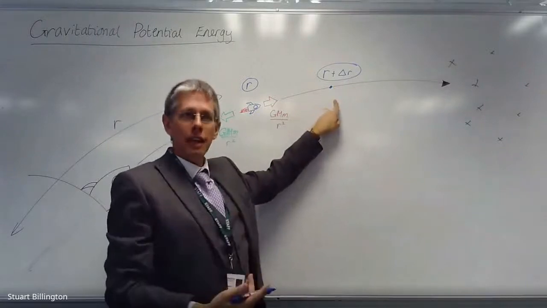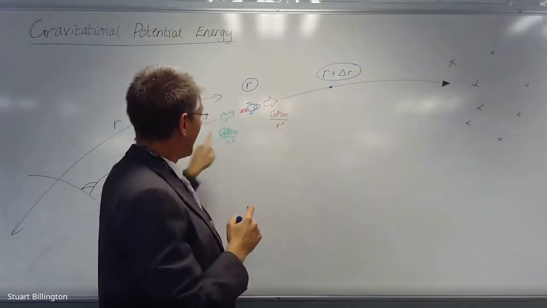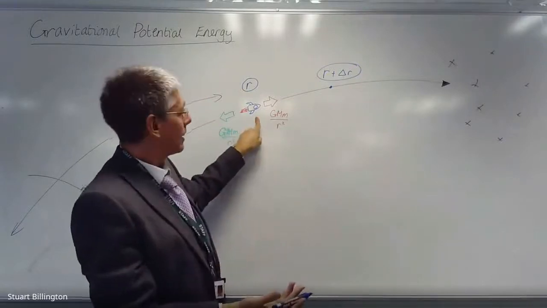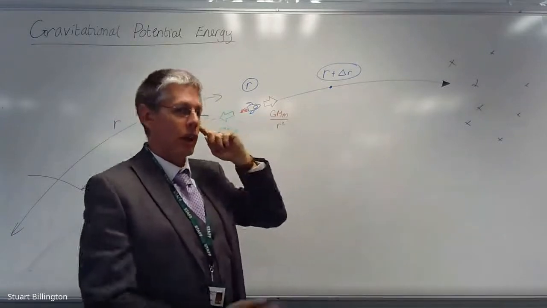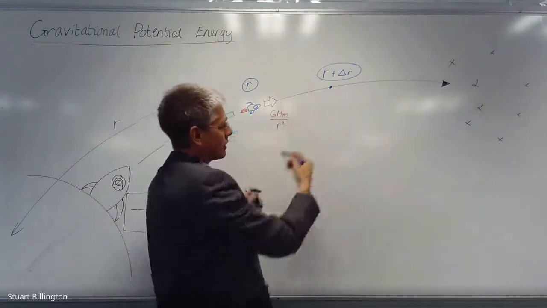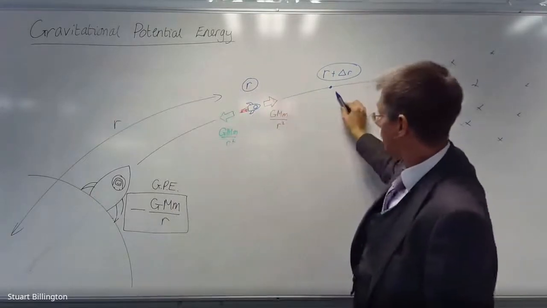Maybe we're paying attention to how much debt we're in. We're in a lot of debt here, a little bit less debt here, and a little bit less debt again here. So maybe we want to know how much our debt has changed, how much energy we have gained going from here to here.